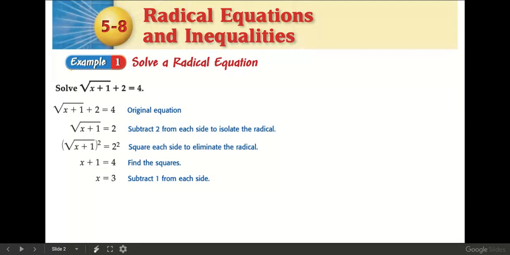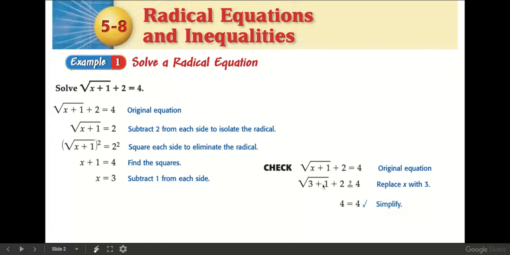In order to verify, I need to check that this answer actually works in the original equation. So I'm going to substitute x with 3 and check to see if it's actually equal. 3 plus 1 is the square root of 4. The square root of 4 is 2, and 2 plus 2 is 4. Does 4 equal 4? Yes, it does, so it checks out.